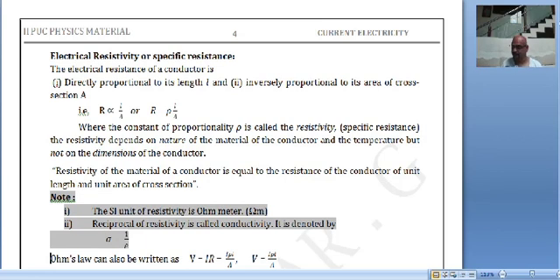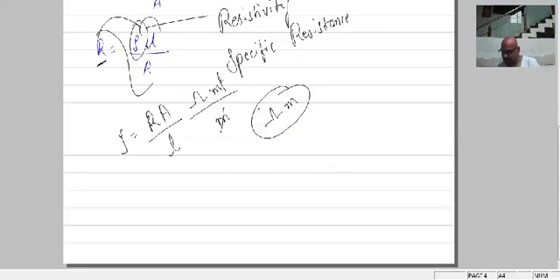It is denoted by the letter sigma. You can see in the note 2 here, sigma. And how do you define resistivity? To define resistivity, again go back to the same equation. Look at this equation.